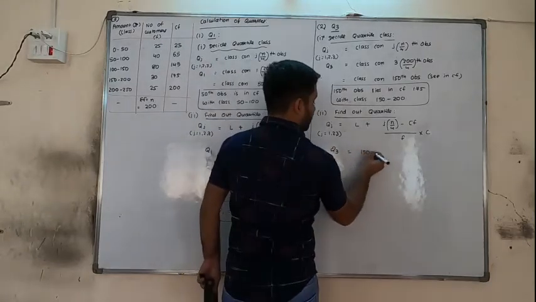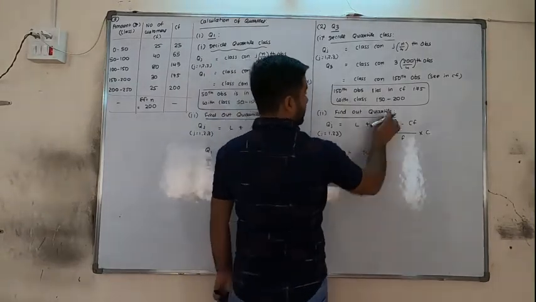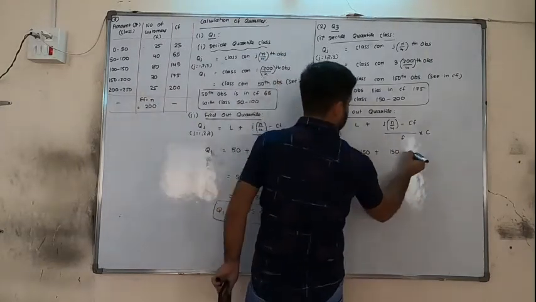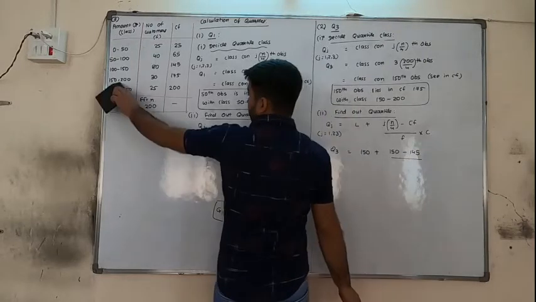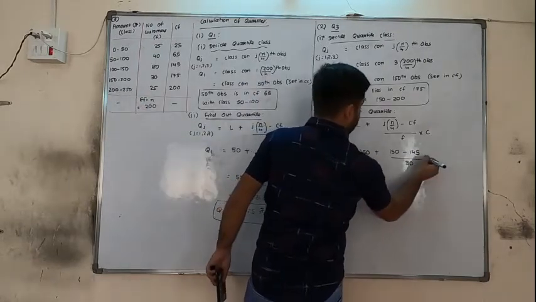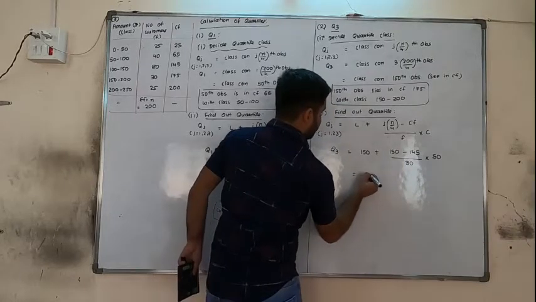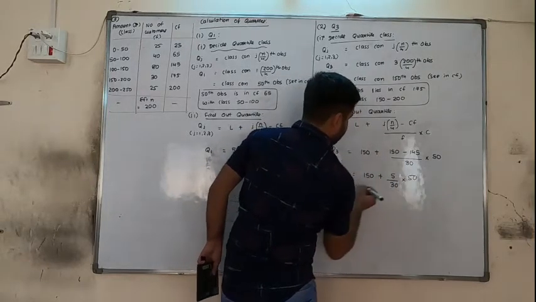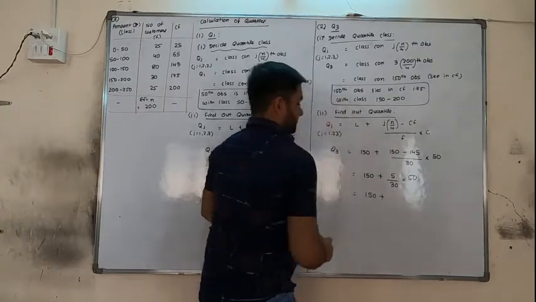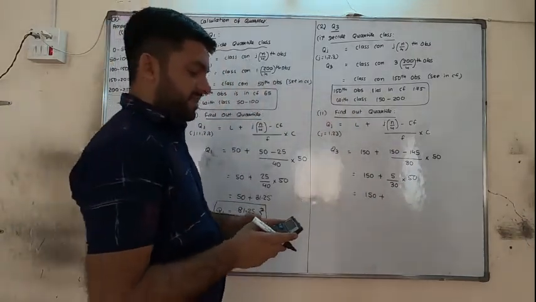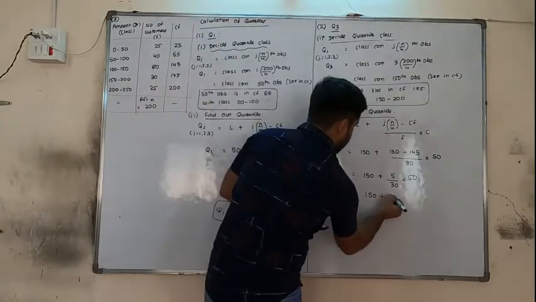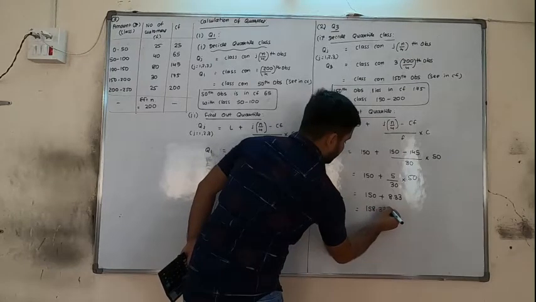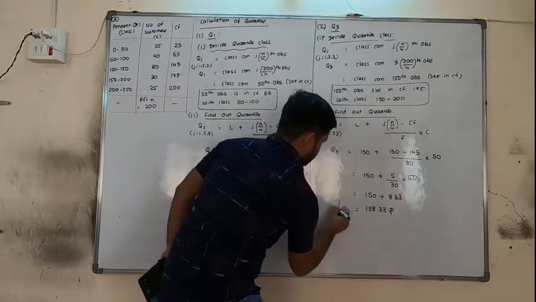L is 150, the lower boundary point, plus j n by 4 is also 150, minus cumulative frequency of the previous class, which is 145, upon frequency of the class decided, which is 30, and the class length is again 50. So 150 plus 5 divided by 30 multiplied by 50, that is 150 plus 5 into 50 by 30, which is 8.33. So the answer is 158.33 rupees.